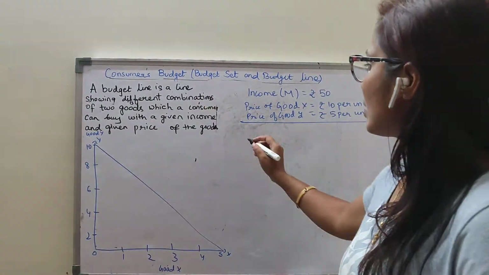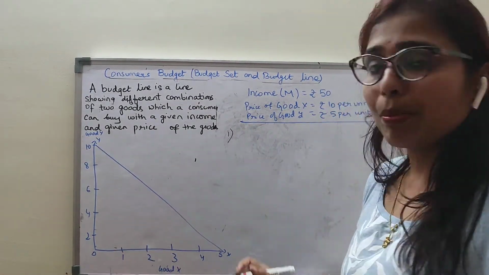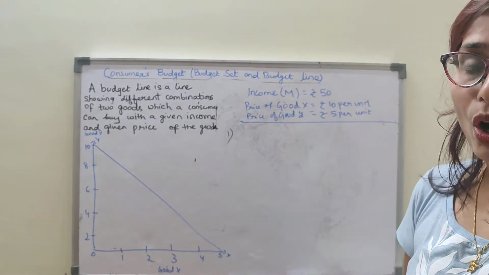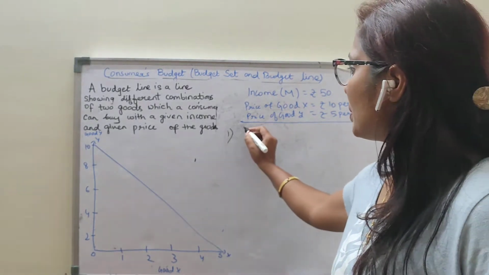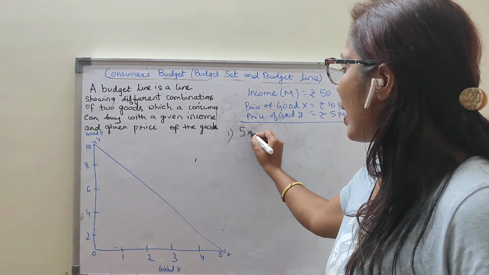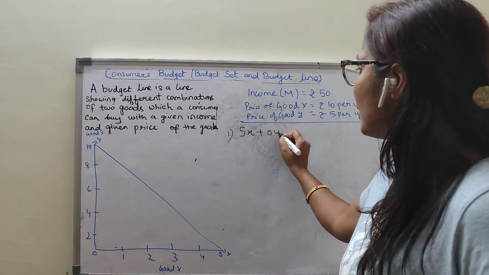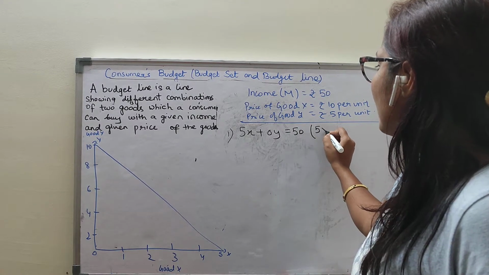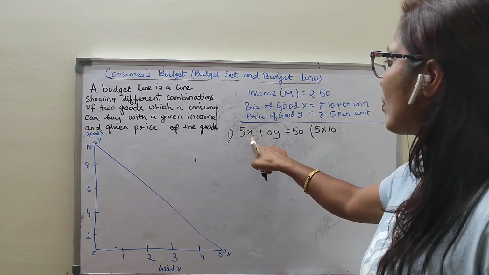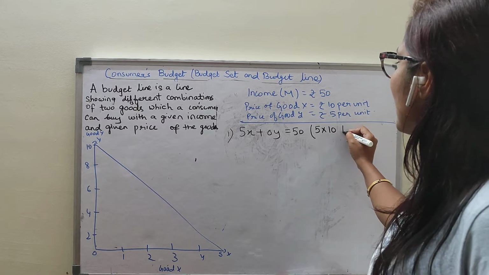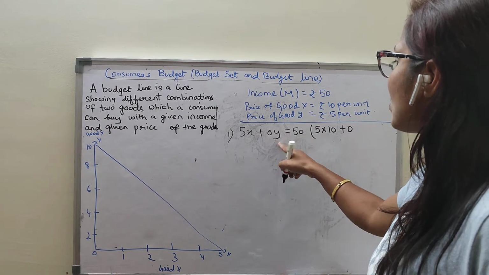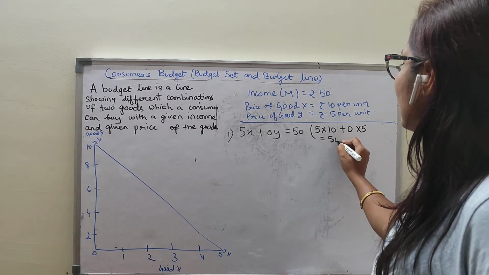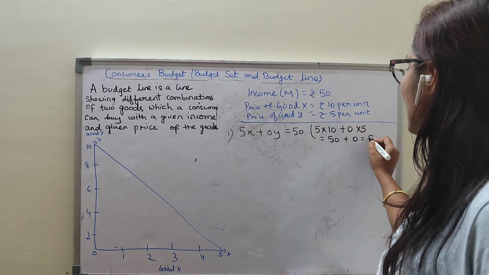First combination: suppose the consumer spends his entire income on good X. So what will be the first combination? 5X plus 0Y is equal to 50. That means 5 into 10, the price of X, plus 0 into 5, the price of Y, is equal to 50.